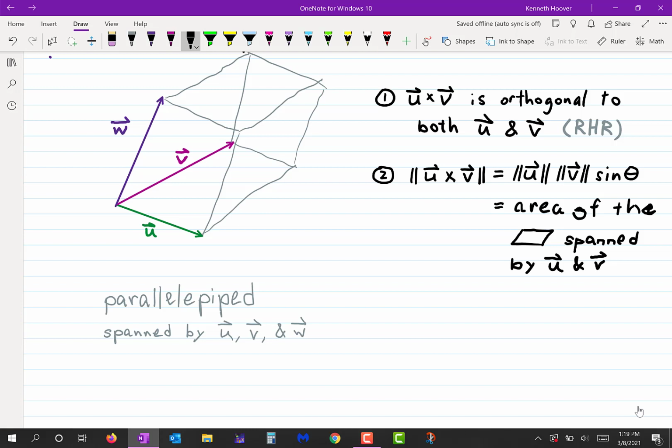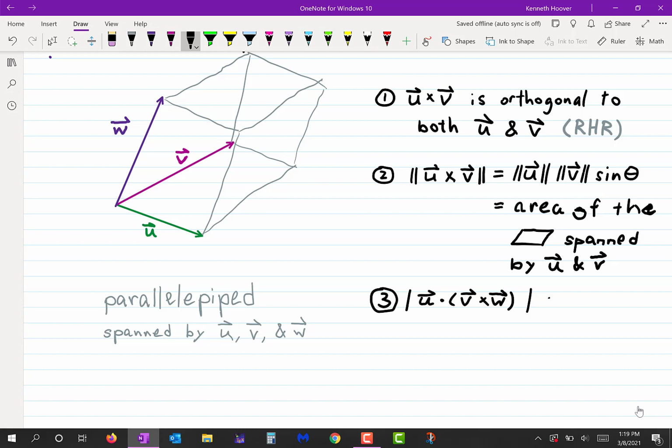All right. How can you find the volume of that? Well, the volume of that parallelepiped is equal to the absolute value of the scalar triple product of u, v, and w. So I'll write it like this: u dot v cross w. Okay?